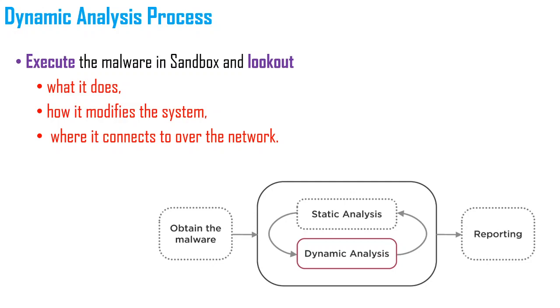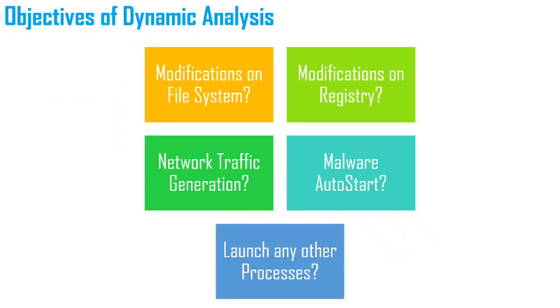So in the dynamic analysis process, we are going to execute the malware and monitor the changes in the system. So what are the objectives of dynamic analysis? Is there any modification in the file system? I'm going to monitor. Is there any modification in the registry entries? I'm going to monitor. Is the malware going to connect to someone else on the internet?